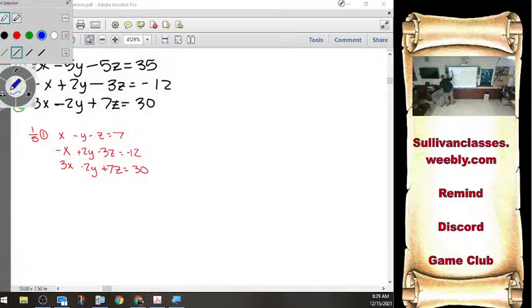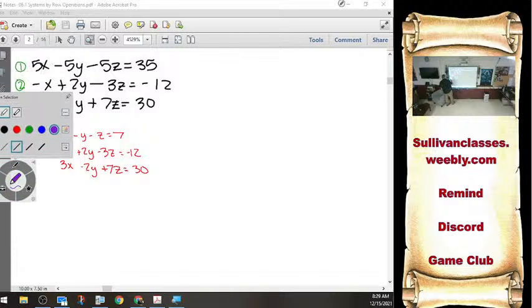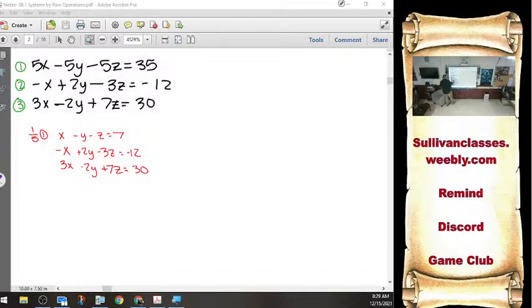Now remember, the goal of this is I want to eliminate this triangle of values. That's what Gaussian elimination is. And I can multiply and add rows all I want.